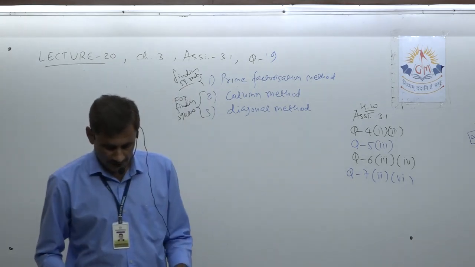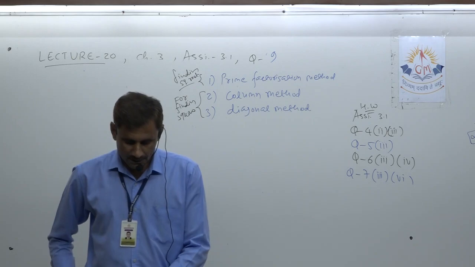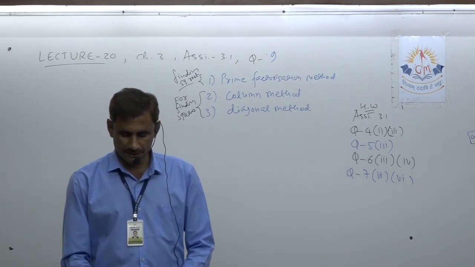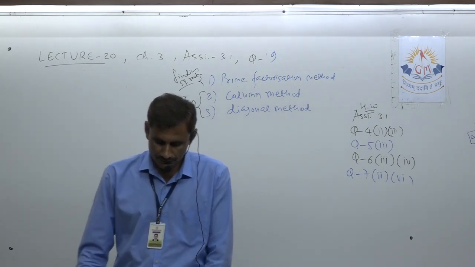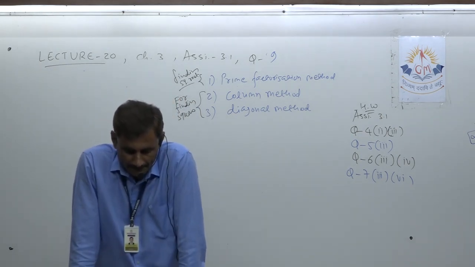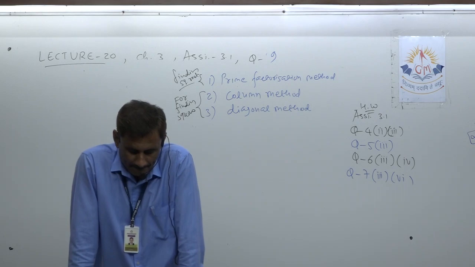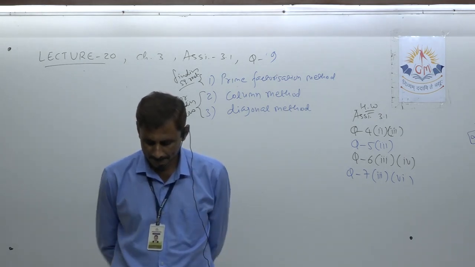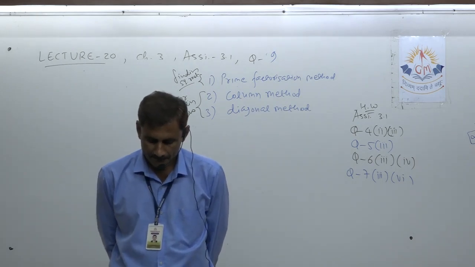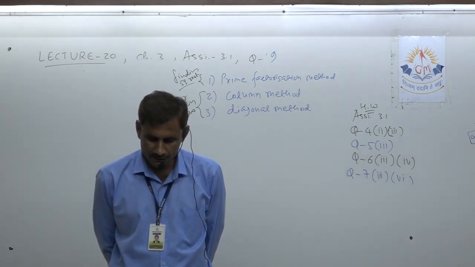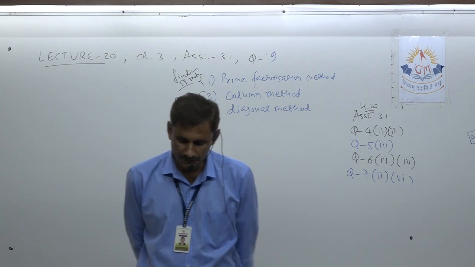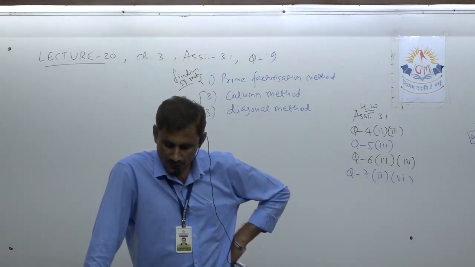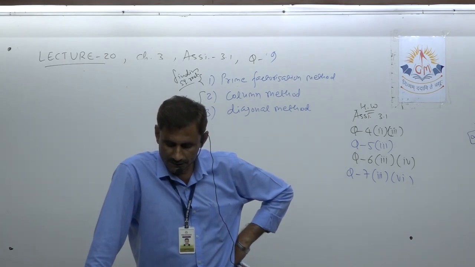Now for the column method, they have given some rules on page number 52. This is for 2-digit numbers only. They have given working rules. Make three columns and write x square, 2xy, y square.